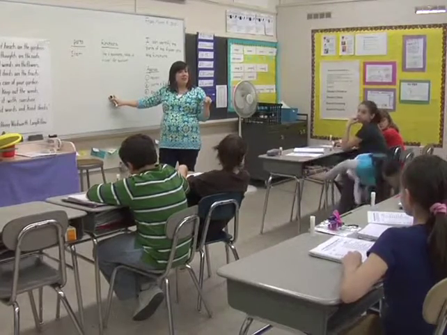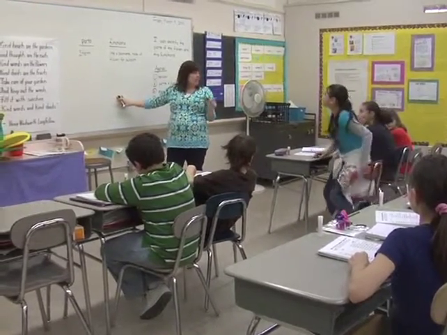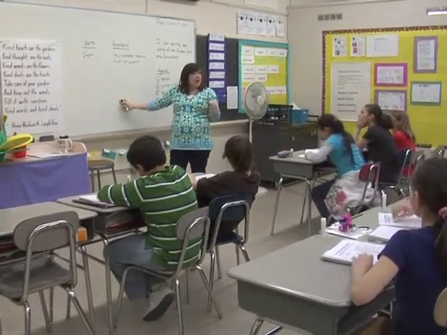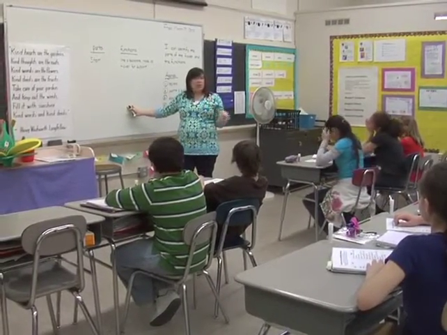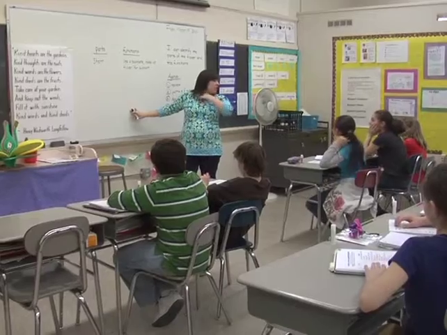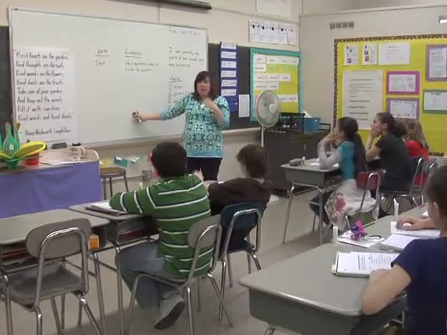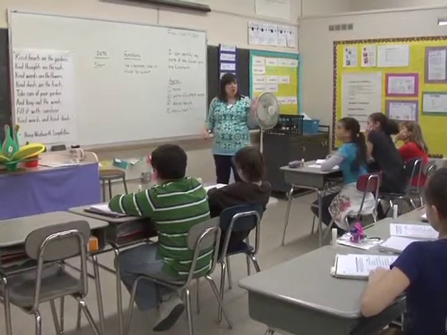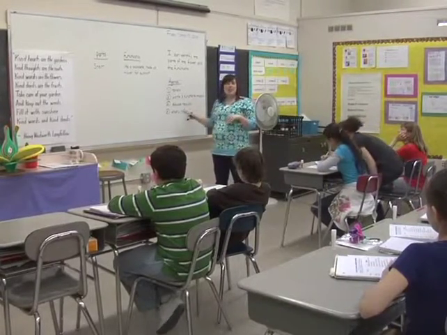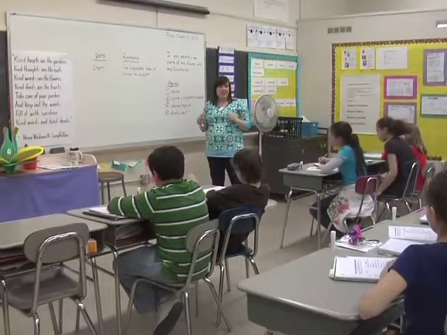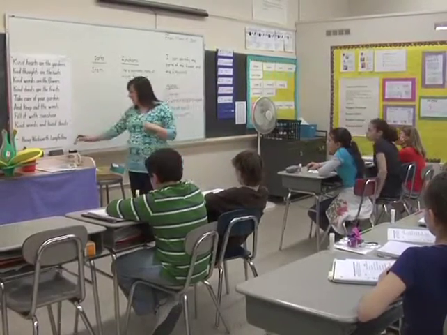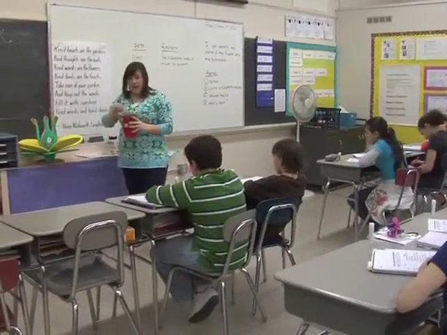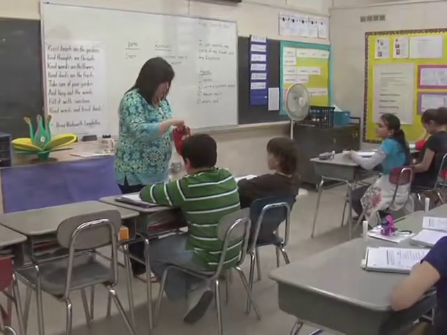You talk to a neighbor and then glue it down when you think you've got the match. I'm going to be walking around. Feel free to raise your hand, ask questions, clear up any confusion that you still have. And then once I've noticed that everybody's all set, glued down, we're going to discuss what you came up with. Sound good? All right, so I'm going to get you some scissors, and you can go ahead and get started.